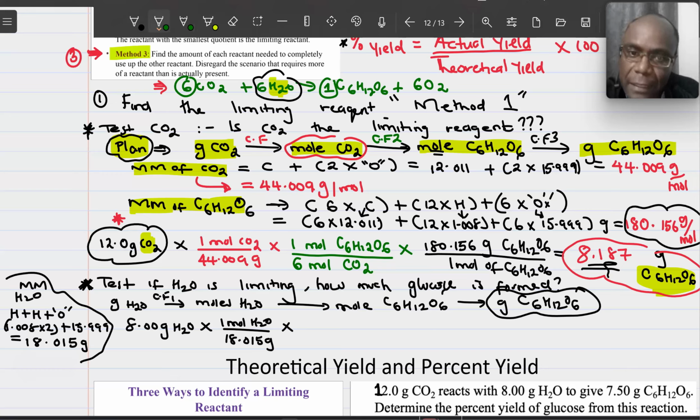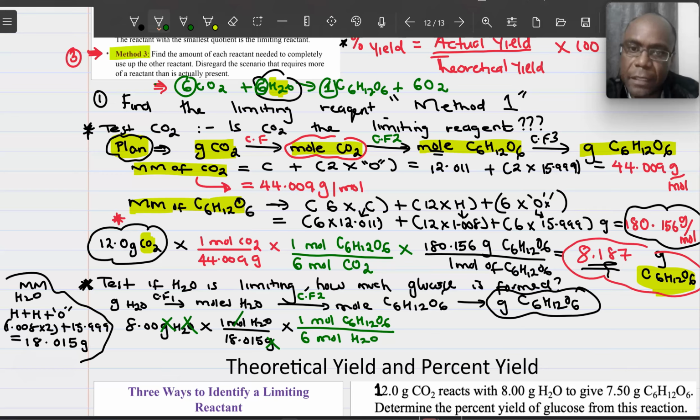Then once that is done, I do the second conversion factor. I need moles of water to moles of glucose. So for that one I'll have to run to the balanced chemical equation. I see for every 6 moles of water, I make 1 glucose. So I'll say 1 mole of glucose from our balanced chemical equation of reaction is always yielded once we react 6 moles of H2O. Now, so far, grams of water will cancel.